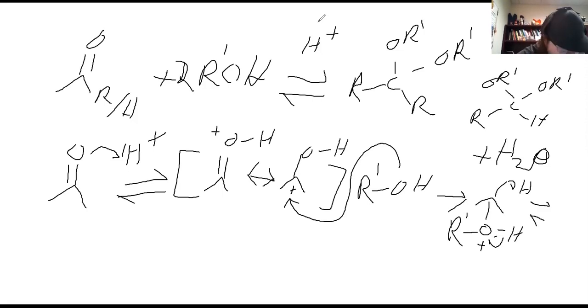So that forms our hemiacetal. That's our middle point.